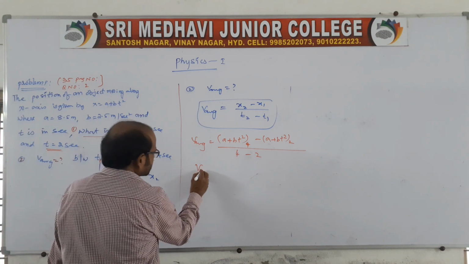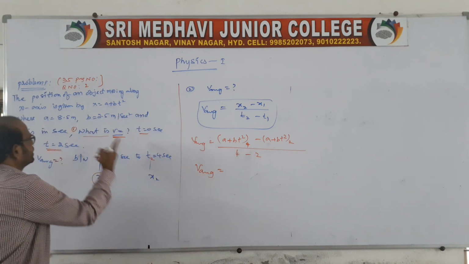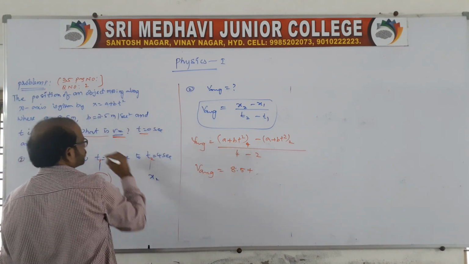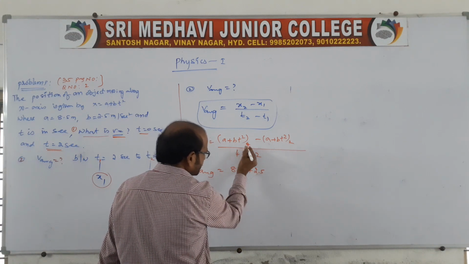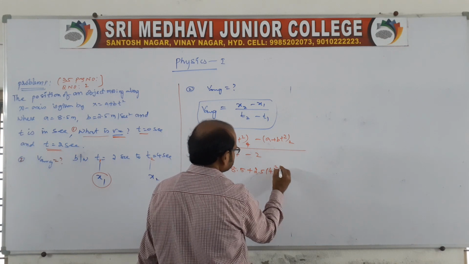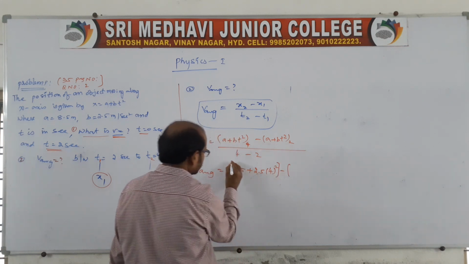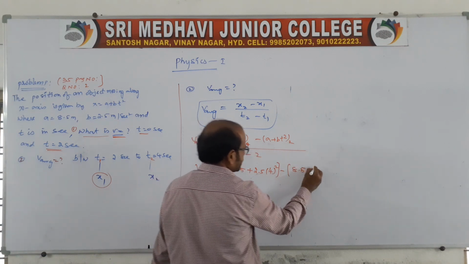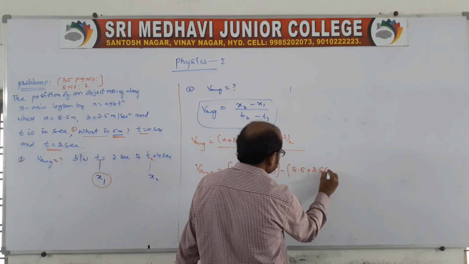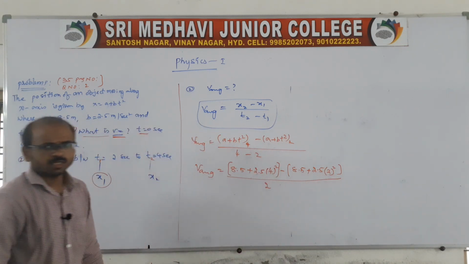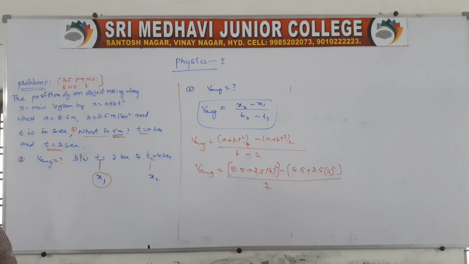So average velocity is equal to, the a value we know is 8.5, plus the b value 2.5 with 4 square, minus, within the bracket, 8.5 plus 2.5 with 2 whole square, divided by 4 minus 2, which is 2. Now let us simplify this.